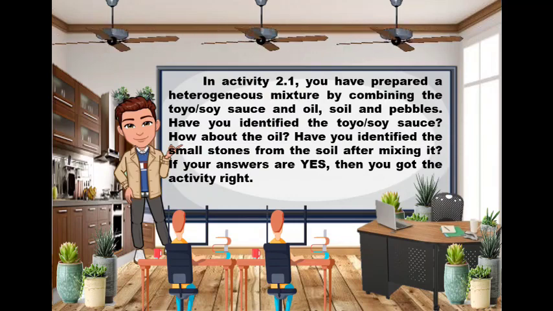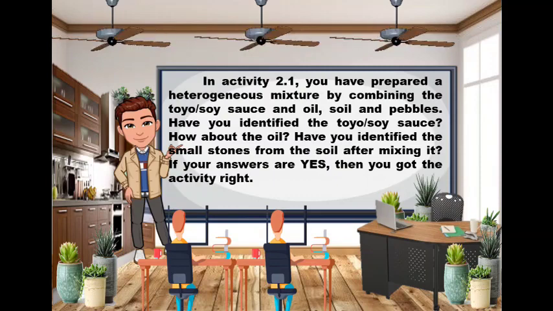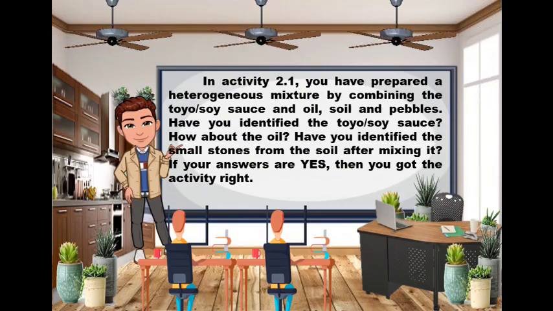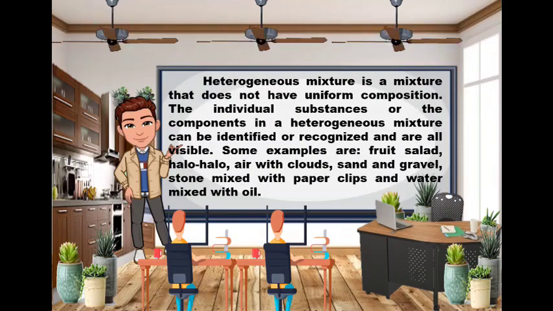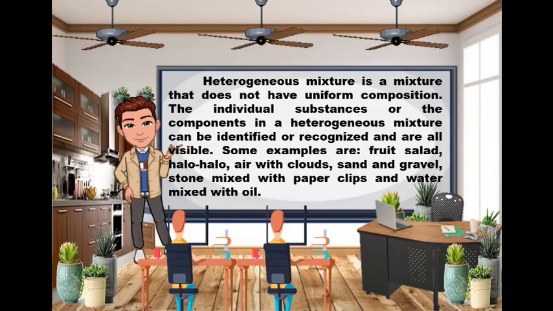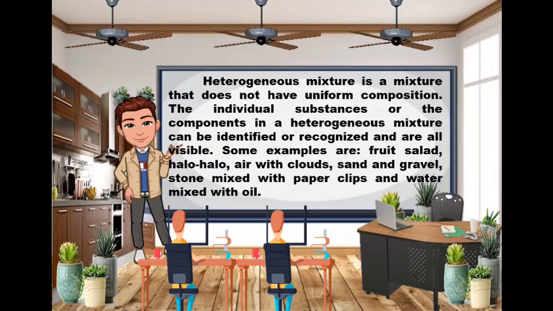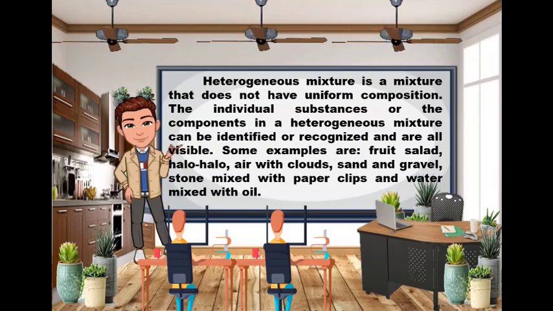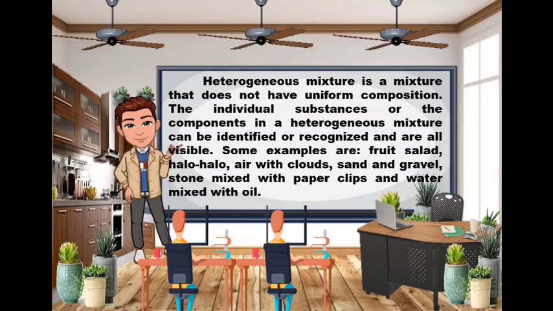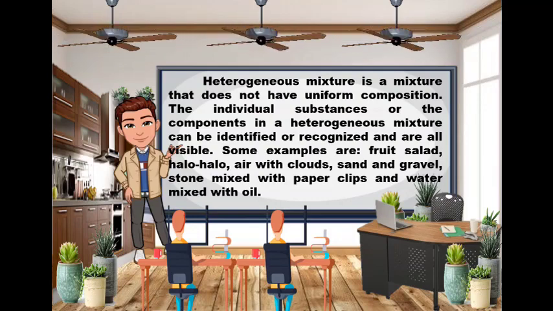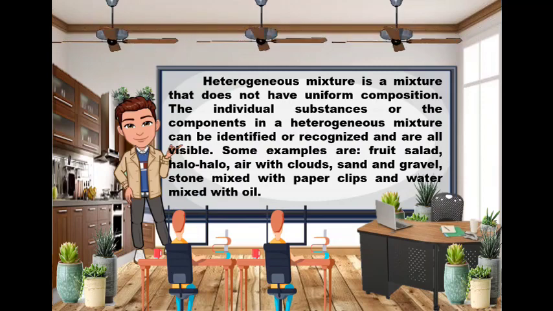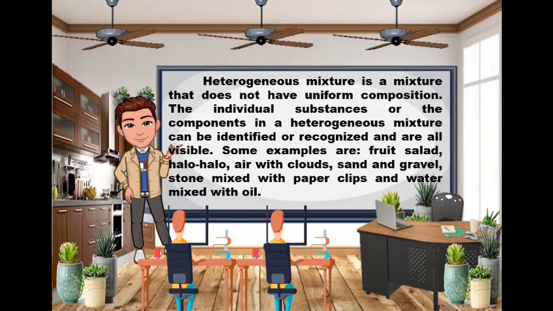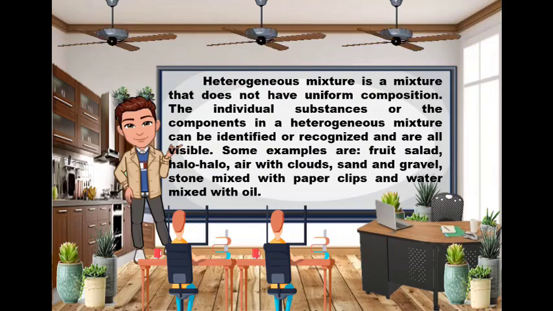If your answers are yes, then you got the activity right. Because heterogeneous mixture is a mixture that does not have uniform composition. The individual substances or the components in a heterogeneous mixture can be identified or recognized and are all visible.